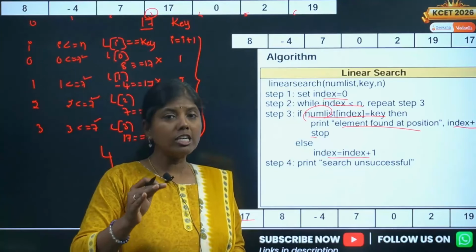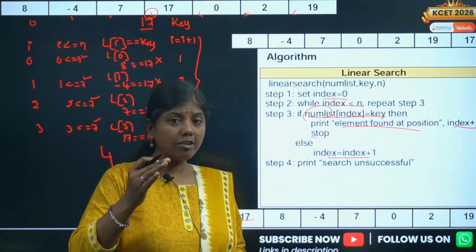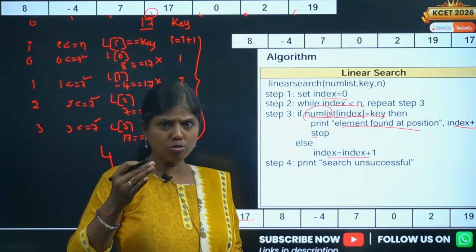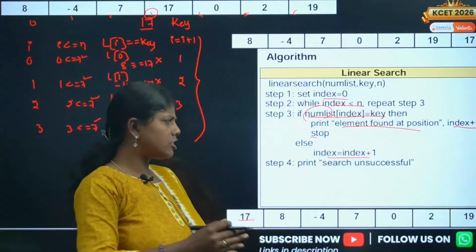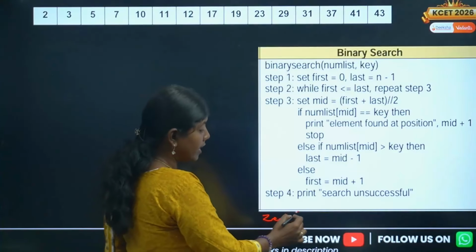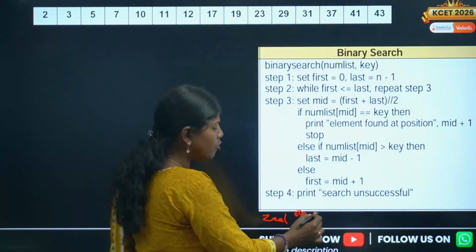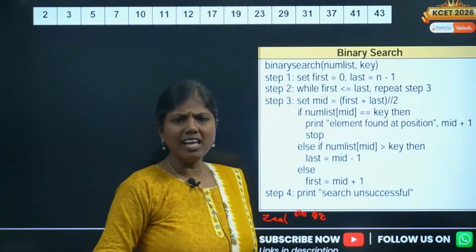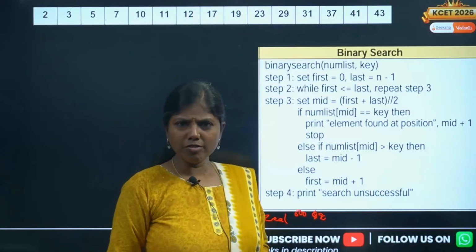Will you start searching from the first page? No. You will directly go to, for example, if the dictionary is of 500 pages, you will directly go for page 490 or 498 or 495. You will try to find out, no?